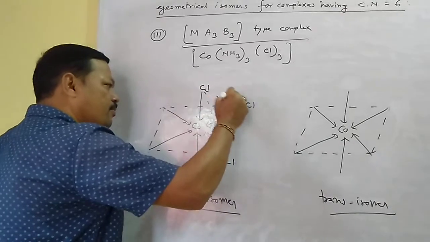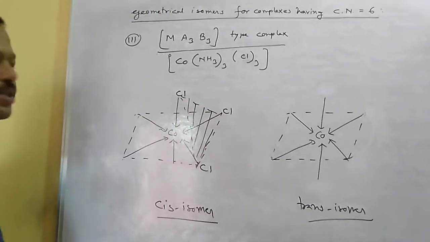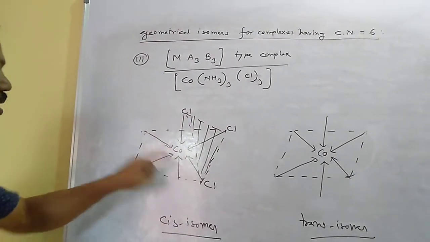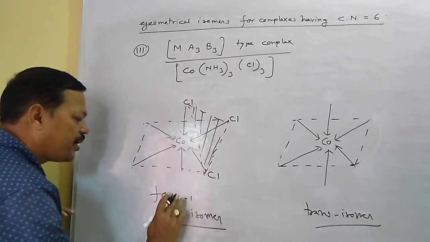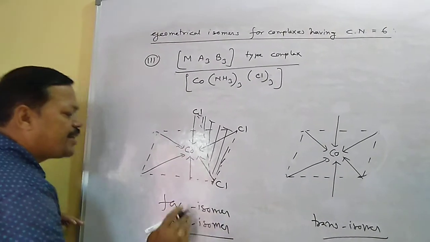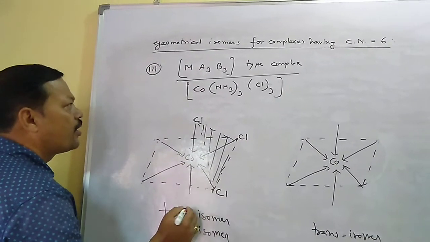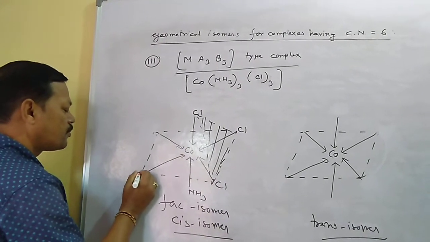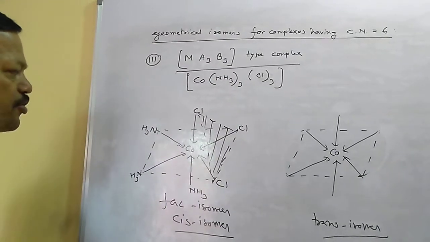These 3 positions are said to be facial positions, and since these 3 positions contain similar ligands, this is called cis isomer, or it is also called face isomer, FAC. Facial isomer or cis isomer. And the other 3 positions will contain the ammonia ligands like this. Actually this isomer is called facial isomer.